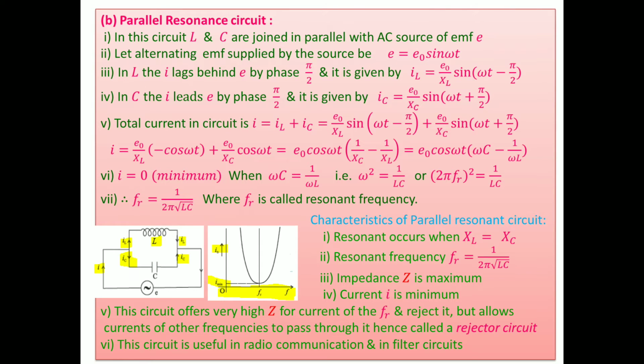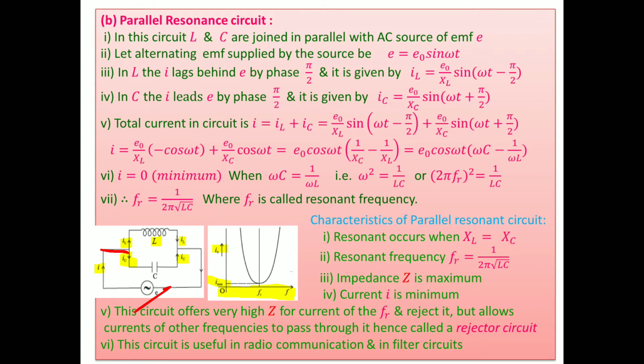Now, let the alternating EMF supplied by the source be E equal to E naught sin omega t. Then I is the total current through the circuit. It is divided into two parts according to Kirchhoff's law. Some current flows through the inductor, say IL, and the remaining current flows through the capacitor, say IC.